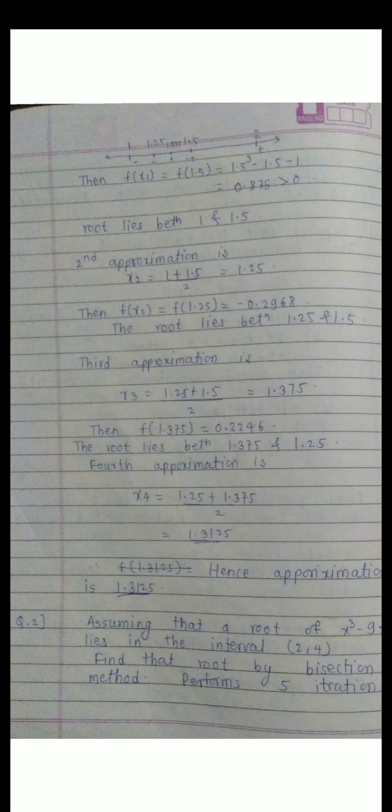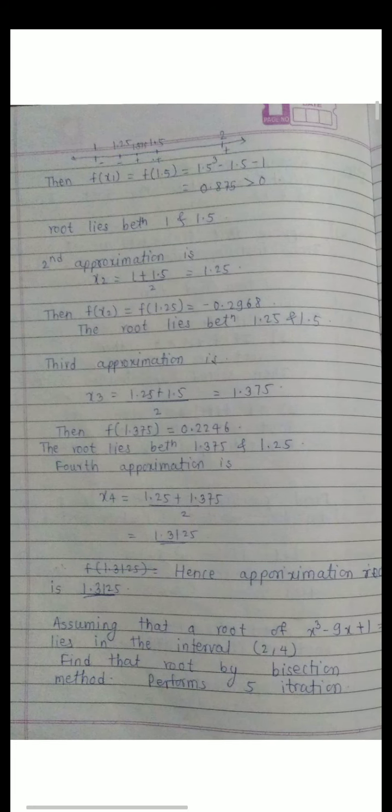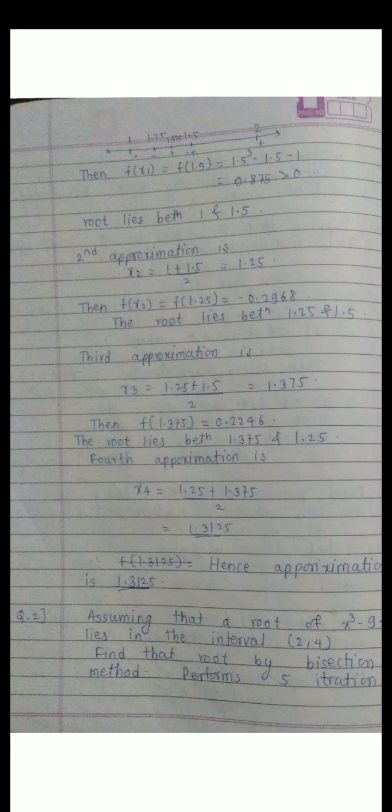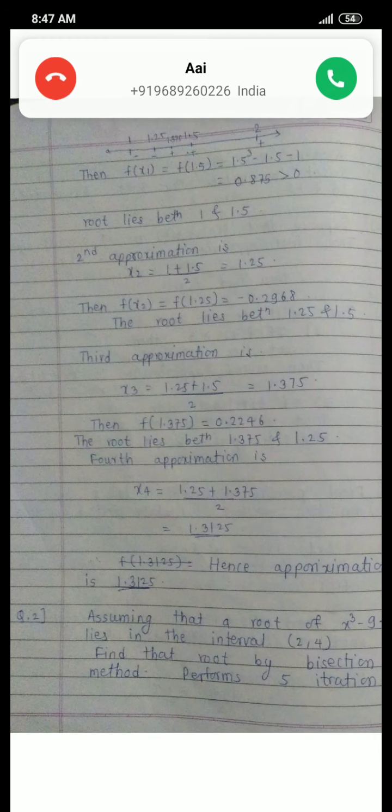fourth approximation, x4 is equal to (1.25 plus 1.375) by 2 is equal to 1.3125. This is our fourth approximation, and we have been given in the example to perform only four iterations. This is our fourth iteration or fourth approximation.